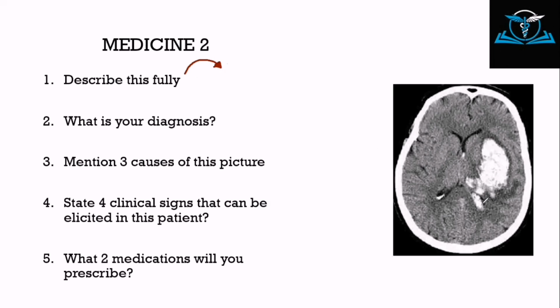It's not actually collapse, but it's an intraventricular extension. You see that there is some of the blood here. So instead of saying non-contrast, you can just say a plain head.